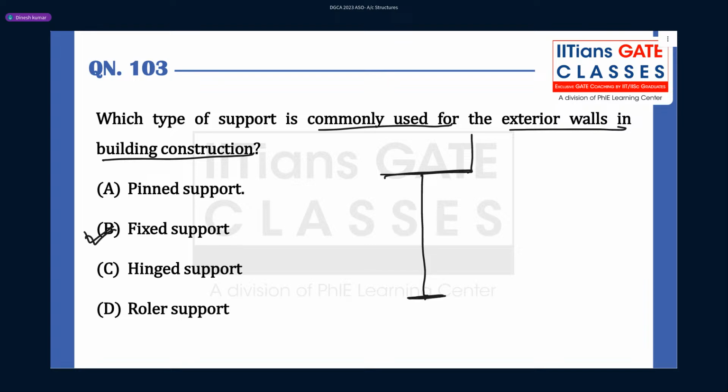So usually this support should be a fixed support if it is an external wall. The entire floor weight also will be going to the external wall, and the external wall should have strong support. So it is a fixed support.